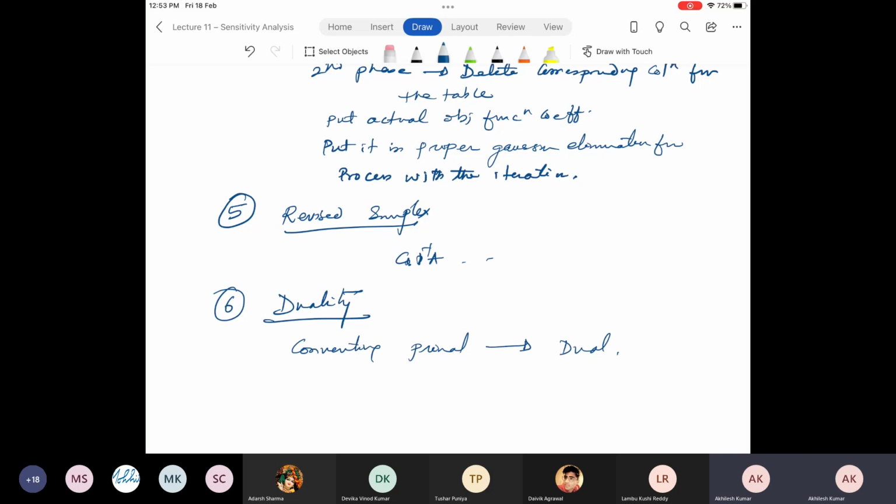Based on that, you can convert any primal problem into the dual problem. After that, whatever I have taught, I will ask in class test 2. That will take care of all the theorems. Then dual simplex method, sensitivity analysis, and by that time I might have covered transportation and assignment problems as well.